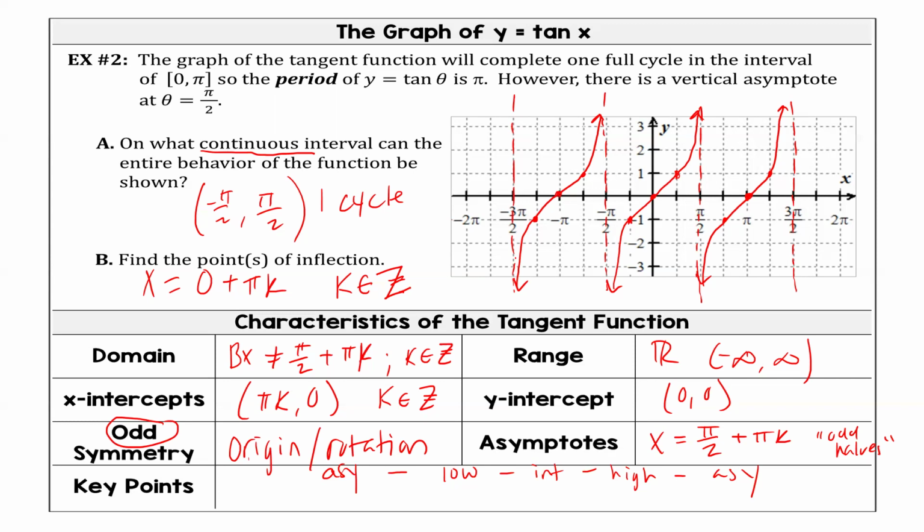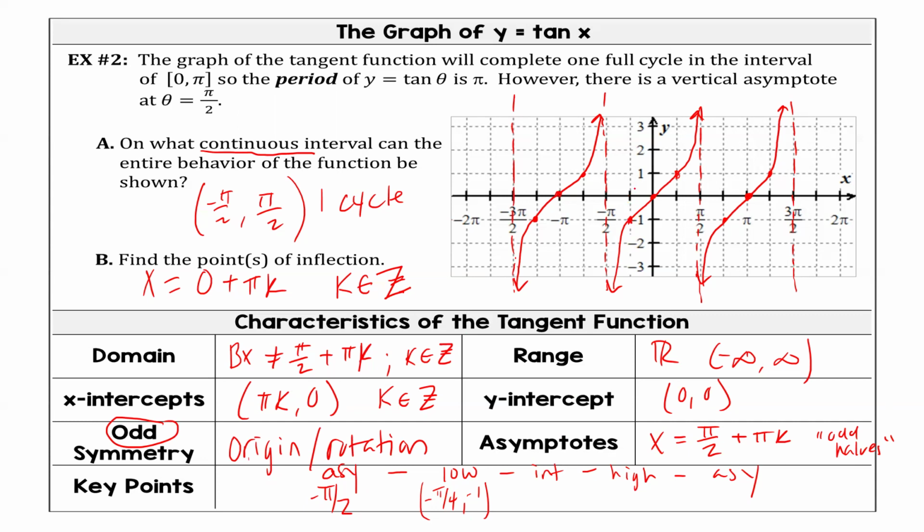All right, so starting off when we have it normally, what values are we at for our asymptote? Our first asymptote is at negative pi over 2. Our low point is at negative pi over 4.